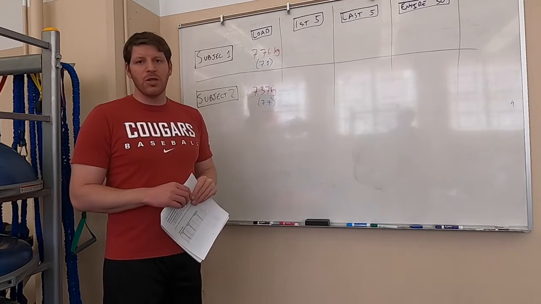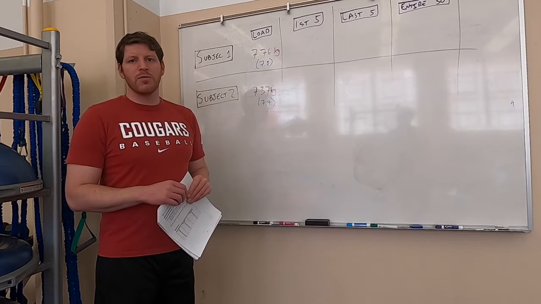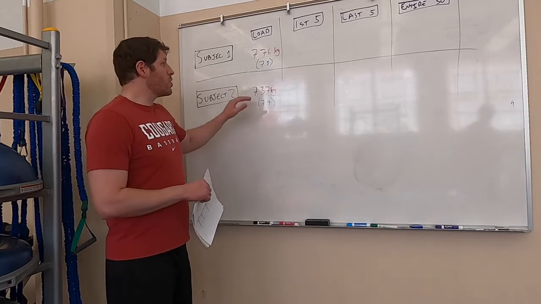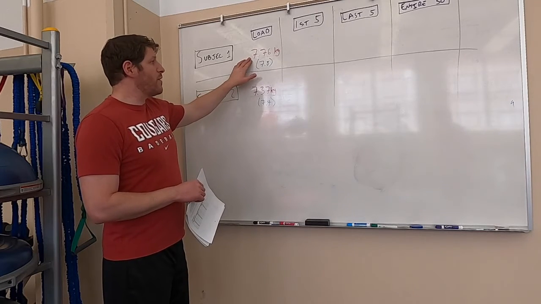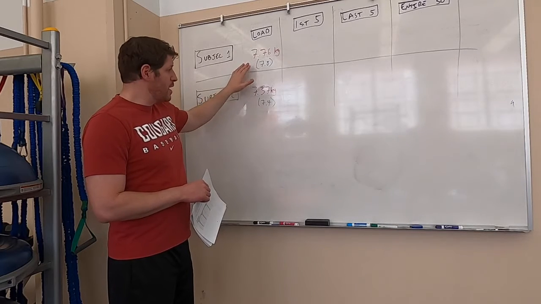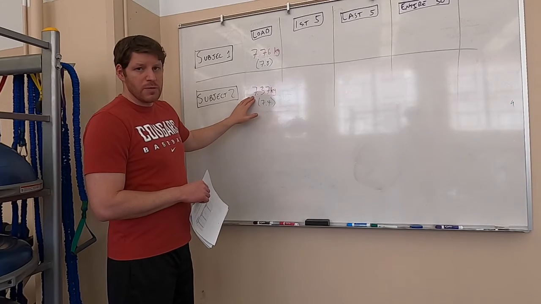And how that is calculated is 0.075 times their body mass. And that, as we've calculated, gives Cole a load of 7.76 kilograms to cycle against for 30 seconds, and me a load of 7.37 kilograms to cycle against for 30 seconds.